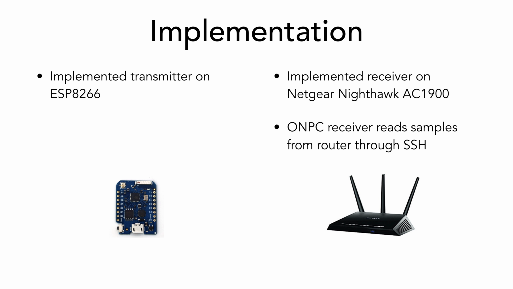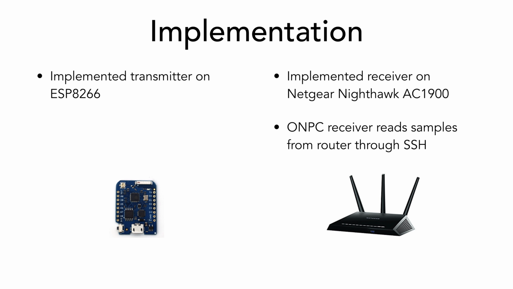On the receiving side, we used a Nighthawk AC1900. It's a relatively common access point. Not the low end, but it's not the best ever. And we did have to change the firmware of it. So let me explain, because I had said earlier that we didn't have to change any firmware to get this to work.